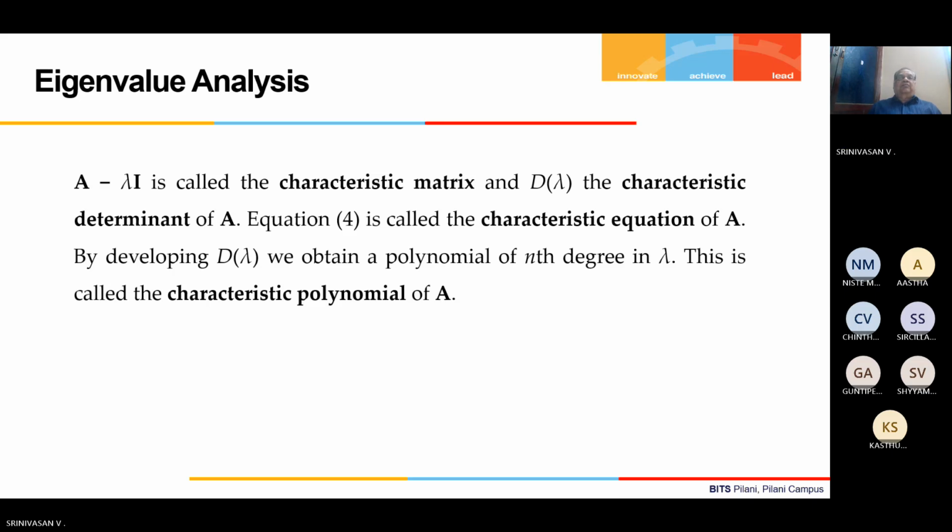So we will now describe what is what. A minus lambda I is called a characteristic matrix, because we have written the matrix A minus lambda I times vector x equal to the 0 vector.